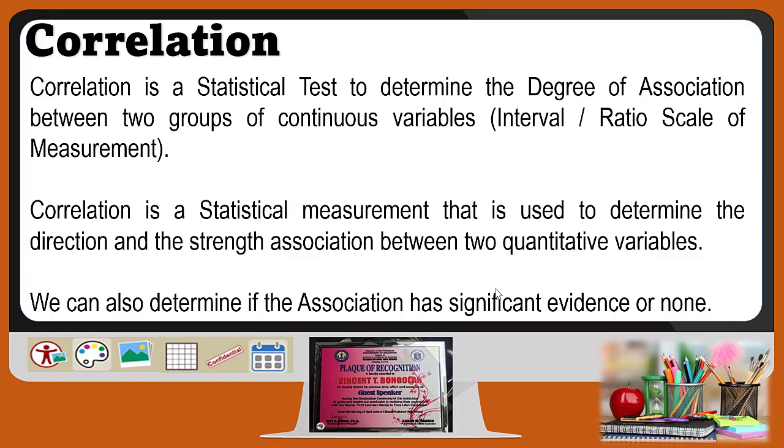Okay, so just wait for some time, guys, because I need to prepare for this kind of presentation, no? So, all right. So another correlation is a statistical measurement that is used to determine the direction and the strength of the association between two quantitative variables. Okay, so based on this definition, it involves understanding the direction of the variable.